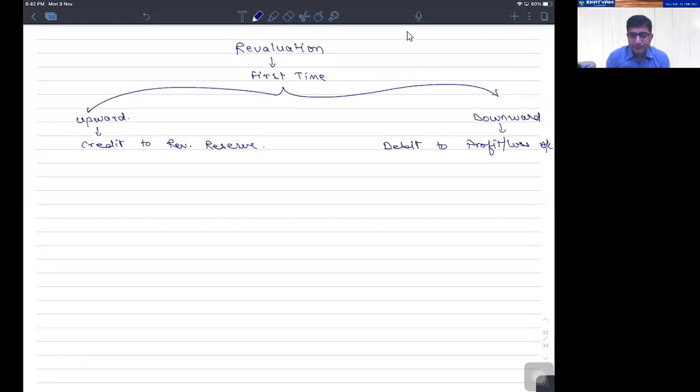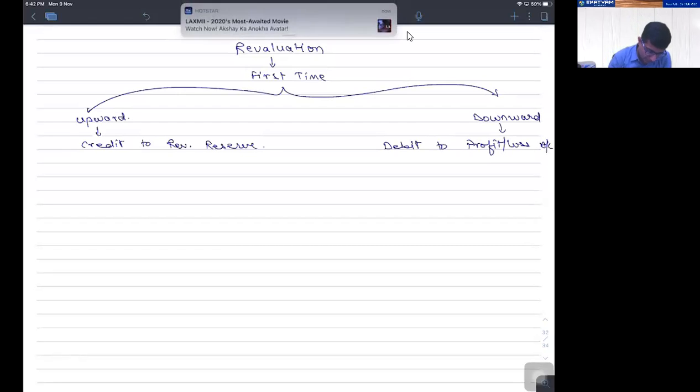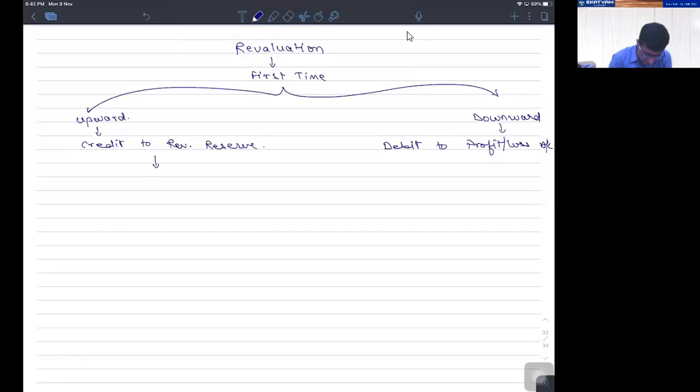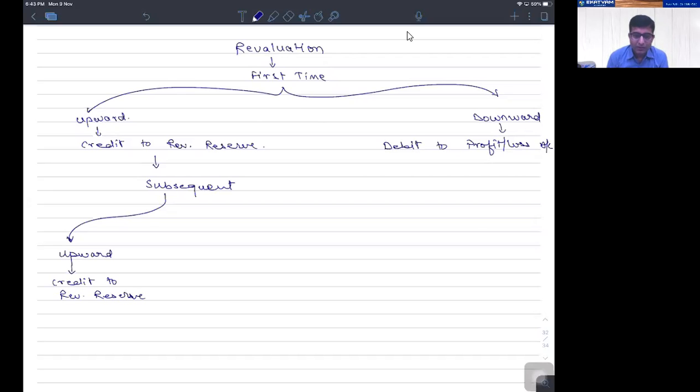Am I right? Subsequent upward: directly credit to revaluation reserve. Yes or no?